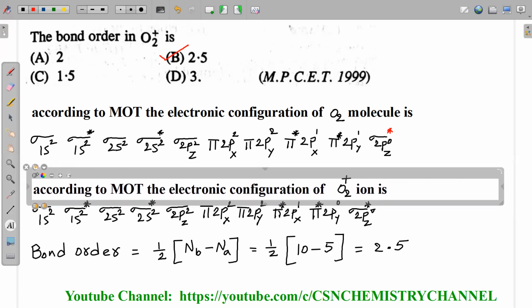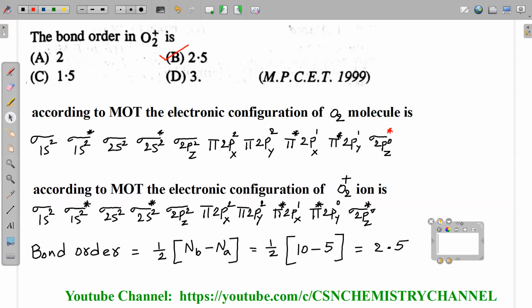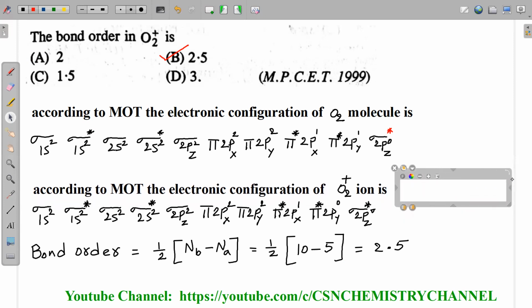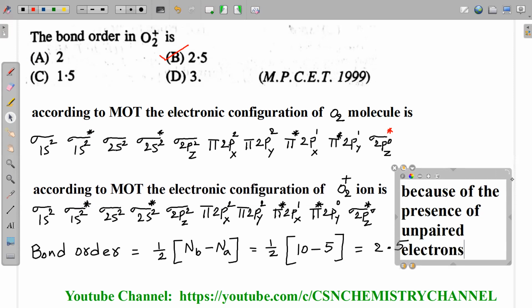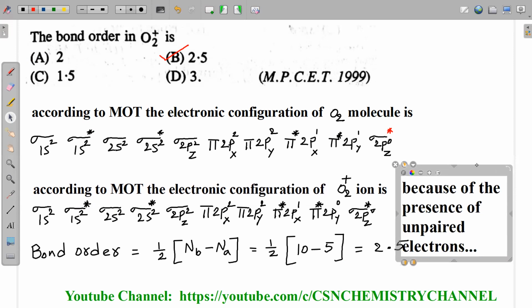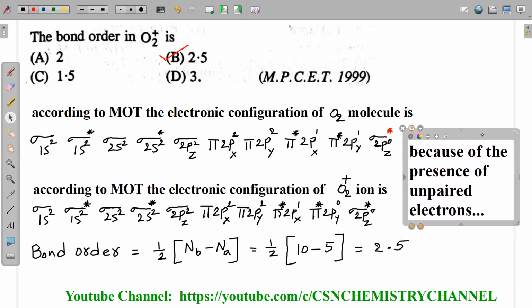Okay, sorry. Yes, here I'm going to type the message. Because of the presence of unpaired electrons, O2 plus is paramagnetic.